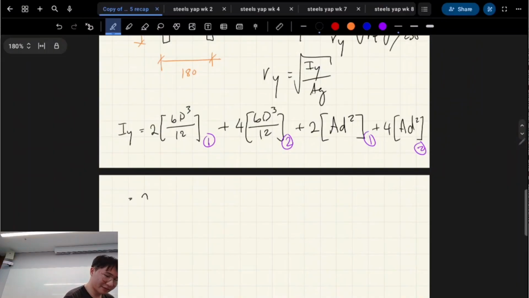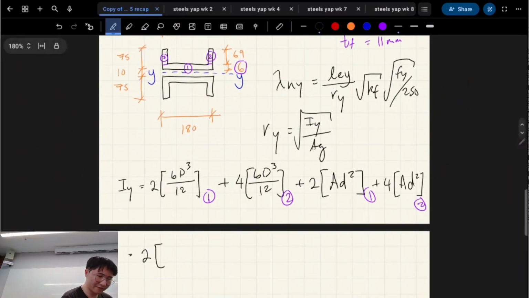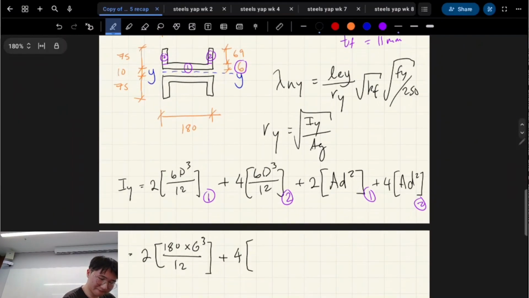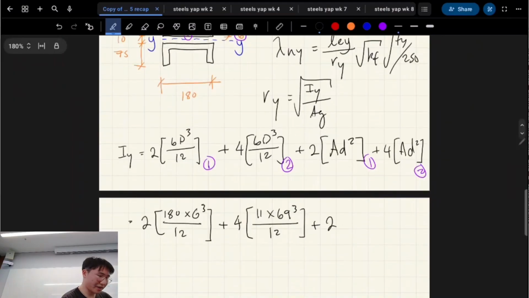Okay. So, for shape 1, our width is 180. Our depth is 6. For shape 2, which is our little flange element, the width is 11. Our depth is 69 cubed. For our parallel axis theorem shift, we're doing the area, which is 180 times 6, same as here.